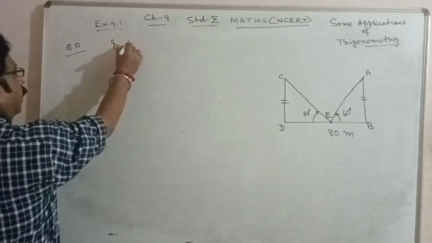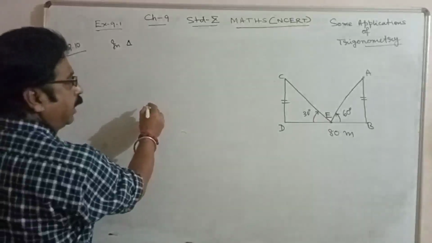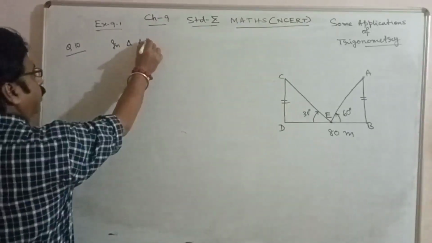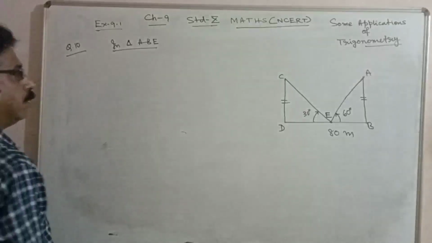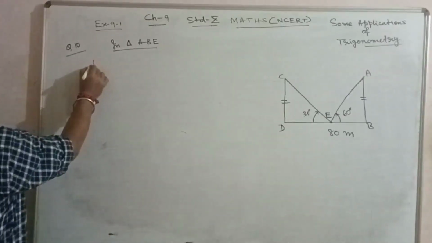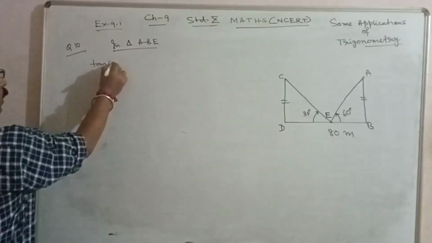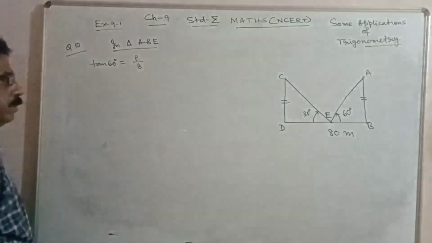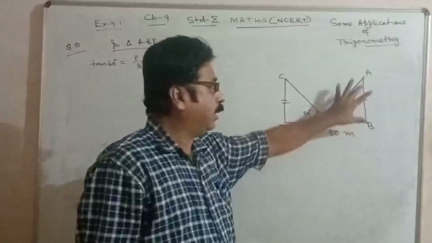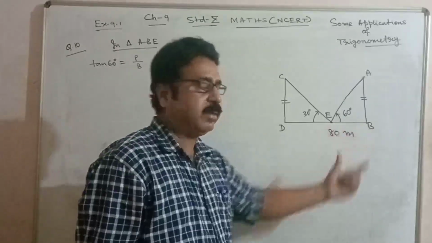In triangle ABE, tan 60 degree. For 60 degree, AB is perpendicular, BE is the base.